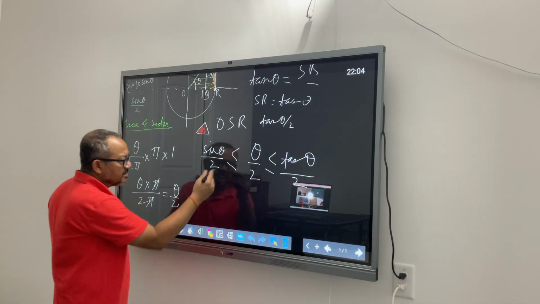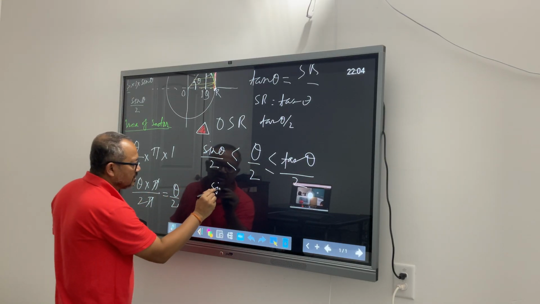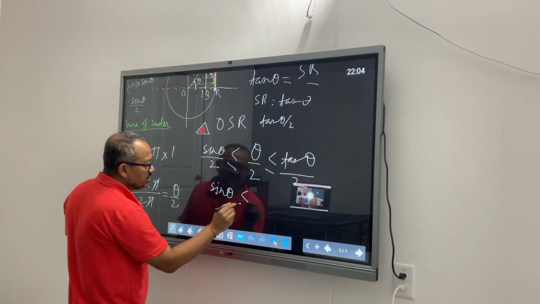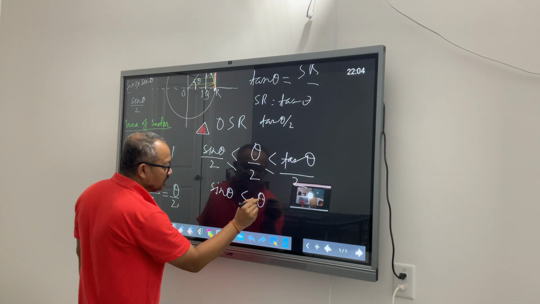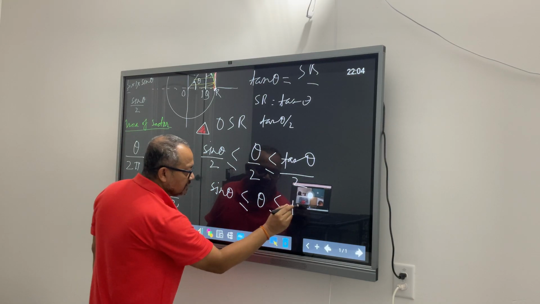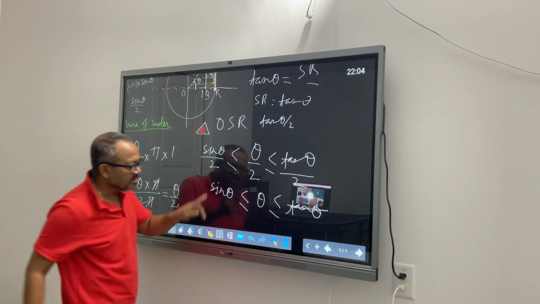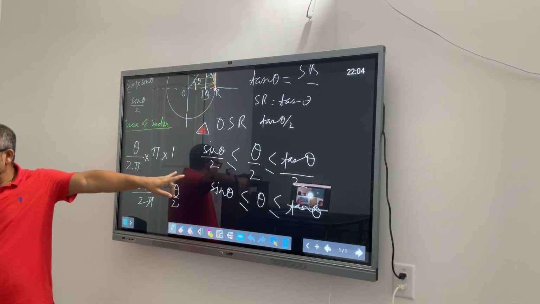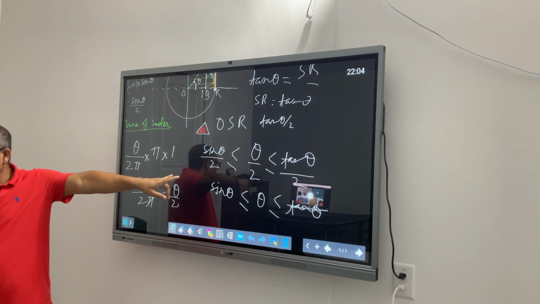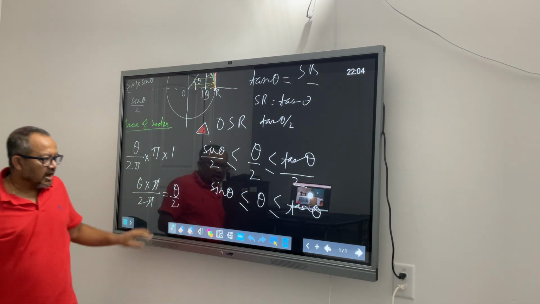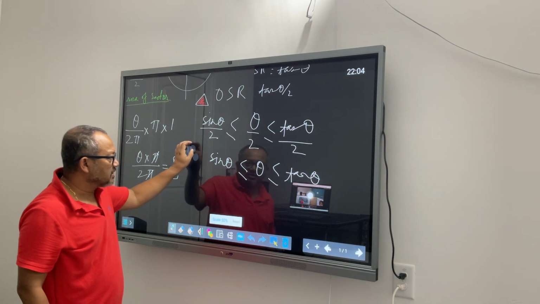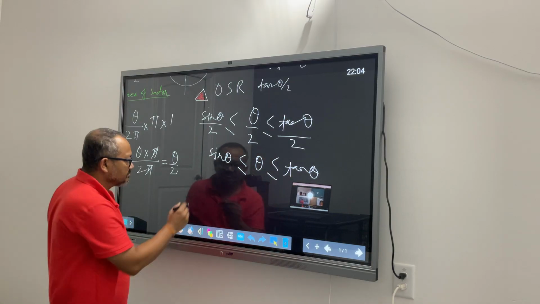2 is a common denominator, I will just knock it off. Sin theta is less than or equal to theta is less than or equal to tan theta. The common denominator I have knocked off. Yeah? Ananya, Chris, are you with me so far? Now, I want to divide everything by sin of theta.